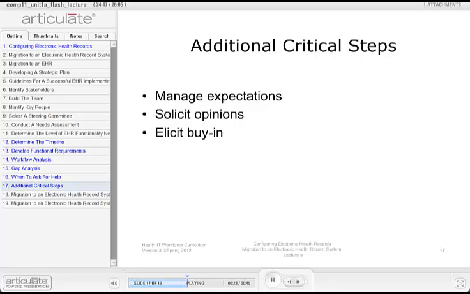Soliciting opinions from multiple stakeholders at each step of the implementation process allows for a higher level of buy-in from the people who use the system. Organizations lacking buy-in from staff often find implementation challenging. Buy-in needs to be elicited at all levels of the organization. The support and commitment of the stakeholders is critical to the successful implementation of an EHR.